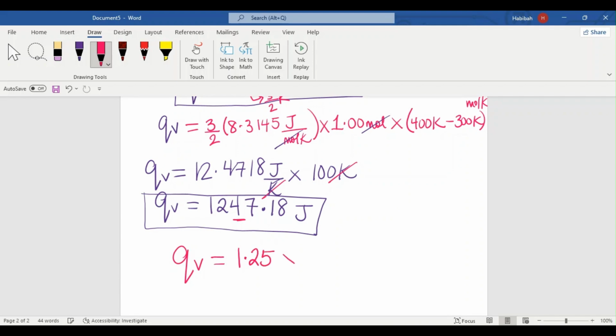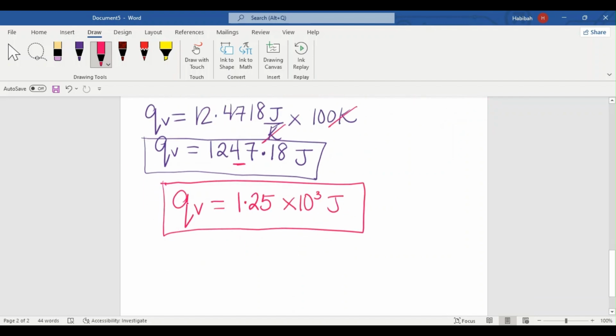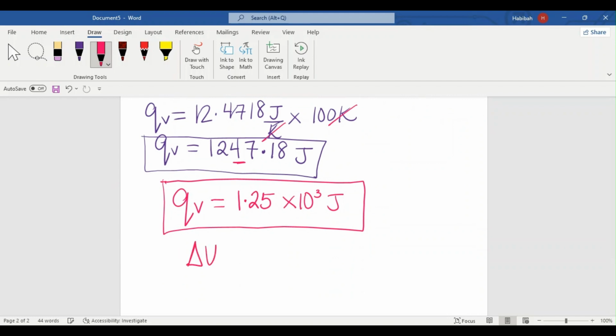That'll be 1.25 times 10 to the power of 3 joules. This is the heat at constant volume. And of course, since work equals 0, the change in internal energy is going to be equal to Q. So hence, the change in internal energy is also 1.25 times 10 to the power of 3 joules.